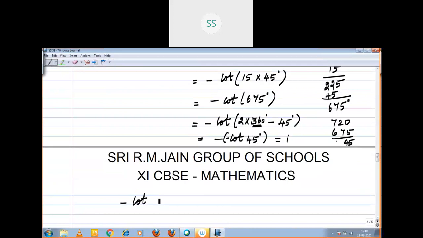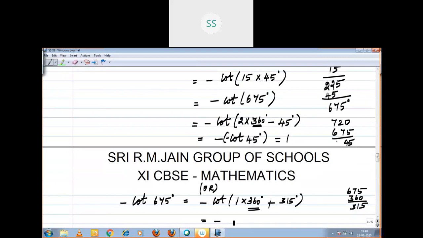Minus cot 675 degree equals minus cot of 1 into 360 degree plus 315 degree.